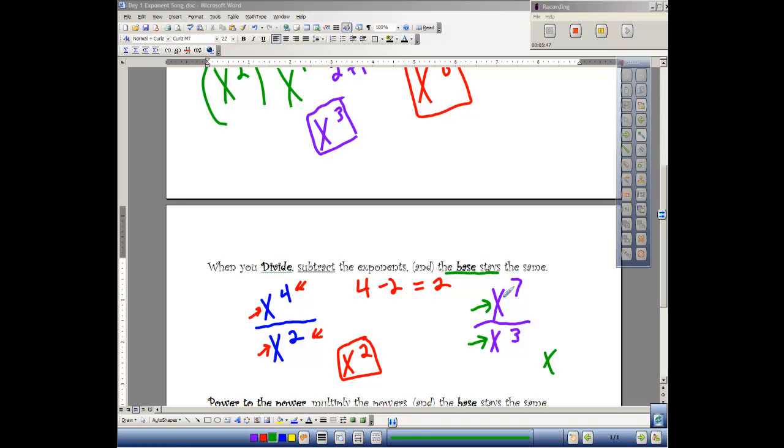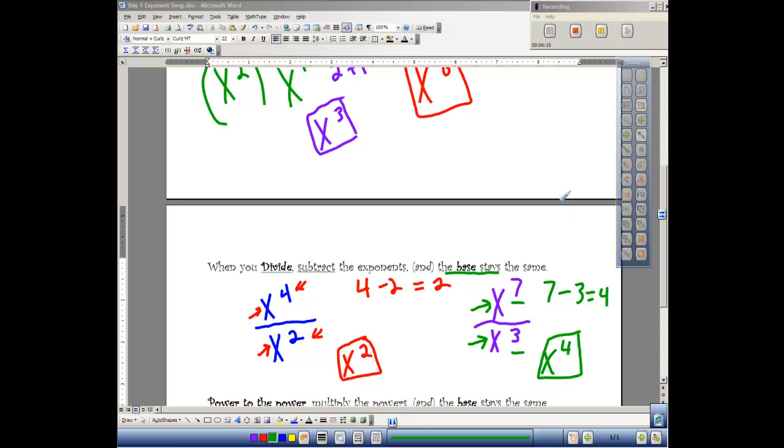Then I'm going to subtract my exponents. You always subtract top to bottom. Top goes first, then the bottom goes behind it. 7 minus 3 equals 4, so I must put my 4 there. And I am done. That's my answer.